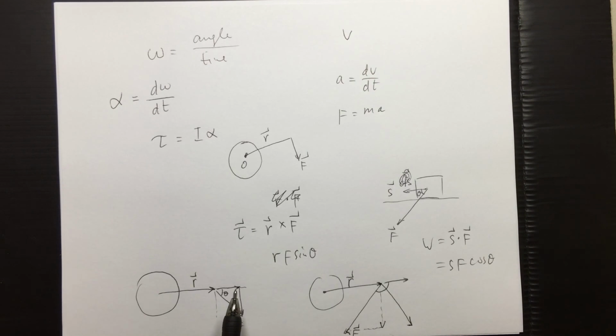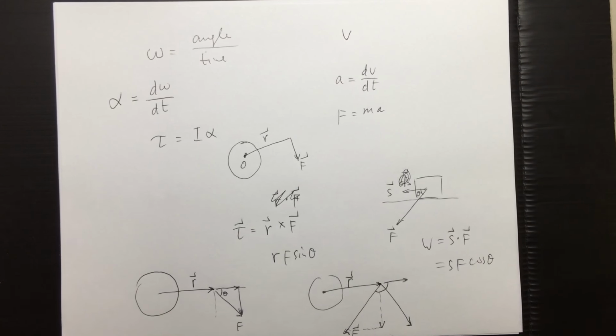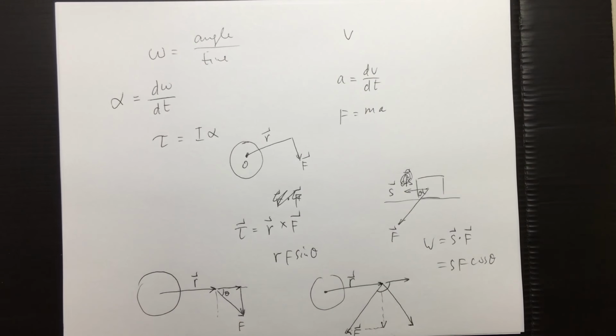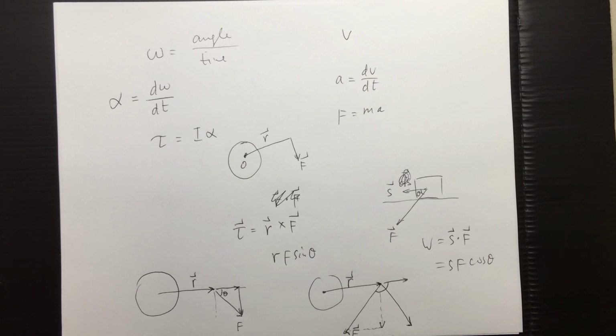But then this torque has a direction. In other words, are you rotating it this way or rotating it that way? And how are you going to do that? How do you make this direction? How do you define rotating this way or that way, clockwise or counterclockwise?